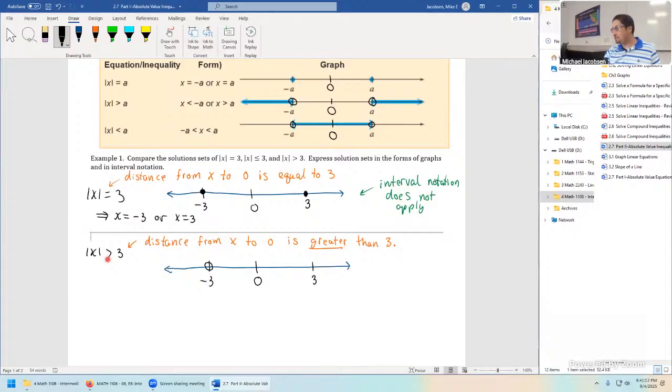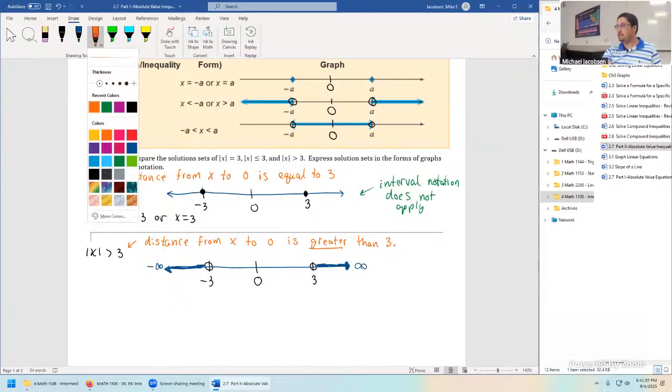Excuse me, strict inequality, said that backwards. Blame that on the cold. Then we shade in this direction. This is far away from 0, more than a distance 3 if we're out here. And so is all of these numbers. Every single number bigger than 3, excluding 3 itself. So it goes off to -infinity, +infinity.